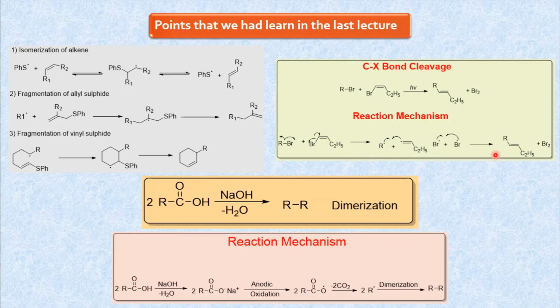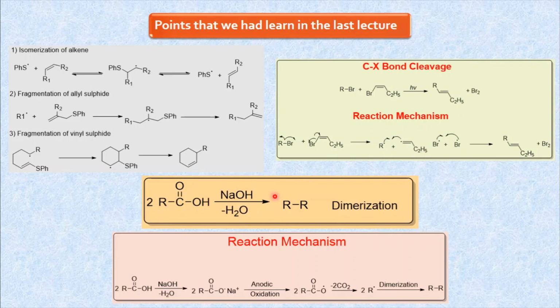And again in the last lecture we had learned the oxidative coupling reaction. It is one of the name reactions, and the name of that reaction is Kolbe electrolysis. The Kolbe electrolysis is an electrochemical decarboxylation reaction of salt of carboxylic acid, which produces radical.